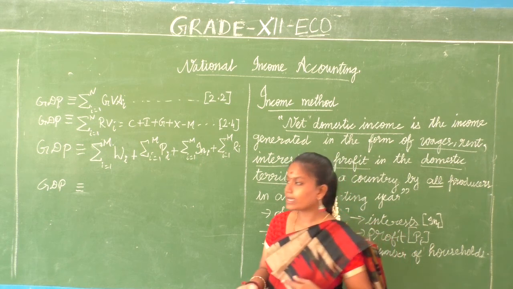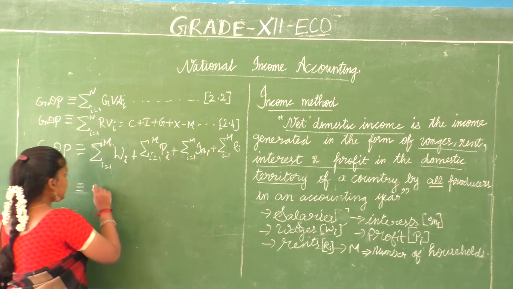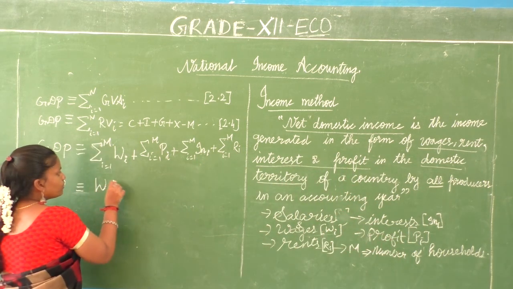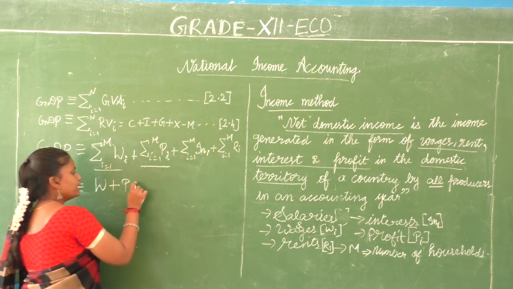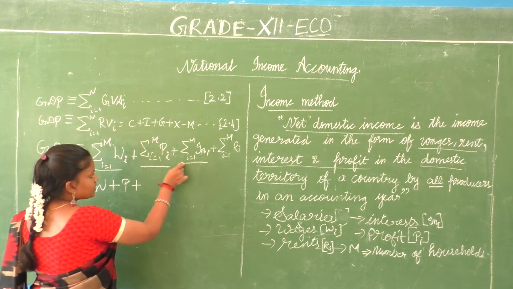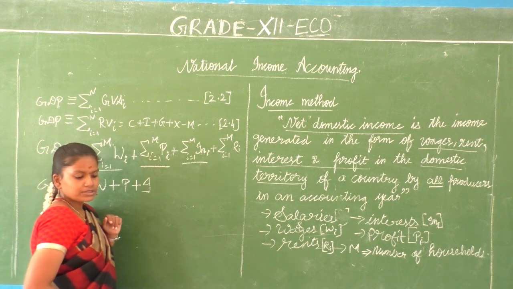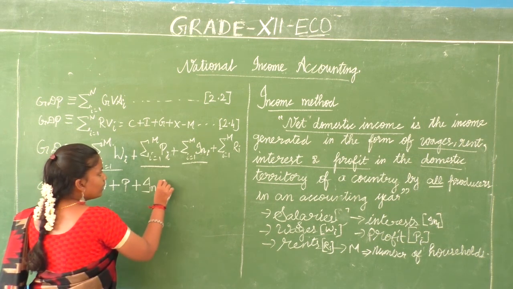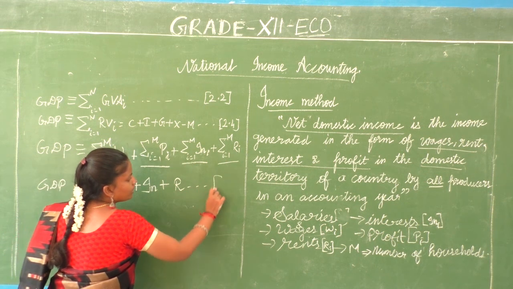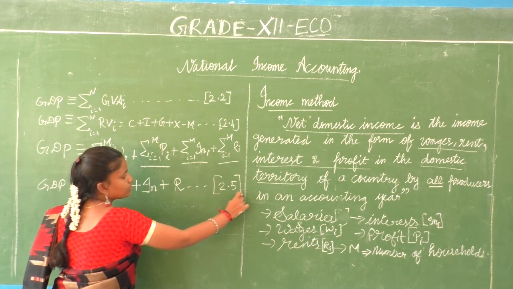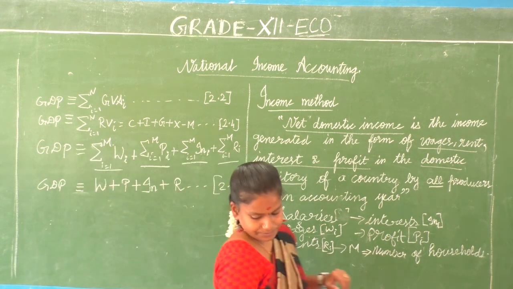How are you going to write it? GDP identity. This entire sigma term of WI, you are going to write as capital W, plus capital P, plus capital IN, plus capital R, and this is going to be your equation 2.5.